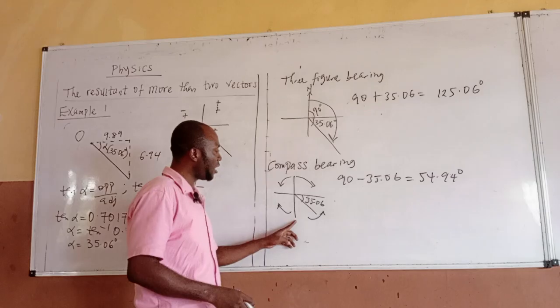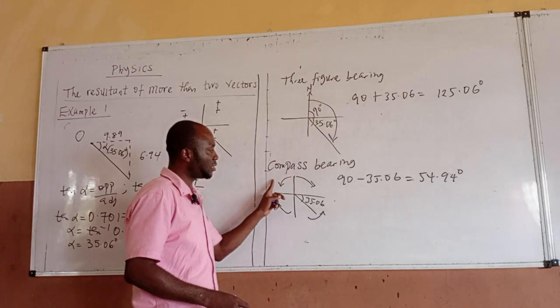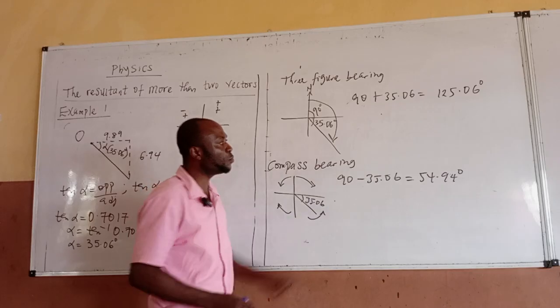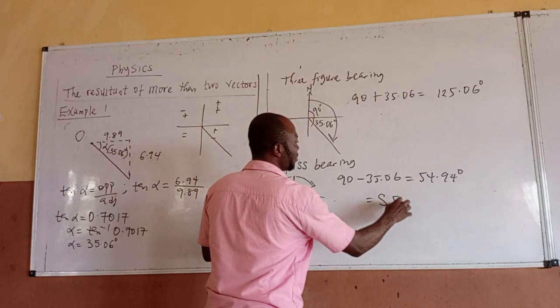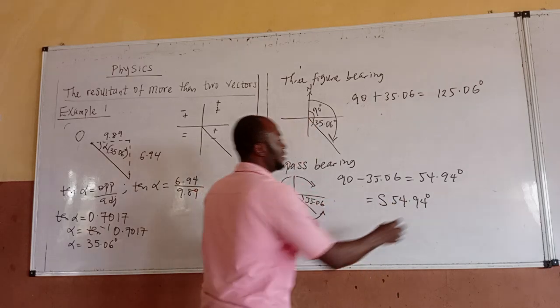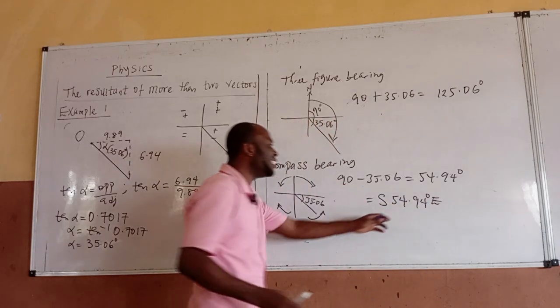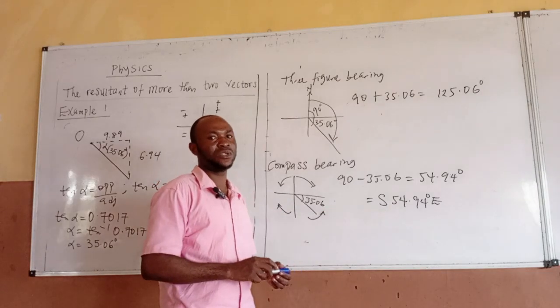This place is southwest. This middle here is northwest. Here is northeast. So you must put the direction as south 54.94 degrees east. So this is the direction of the question, and we have done the resultant of that before.